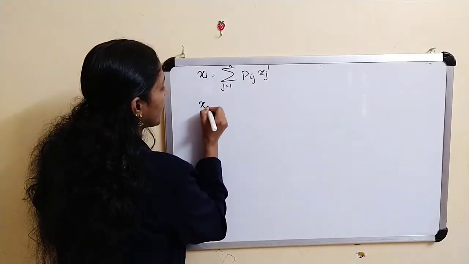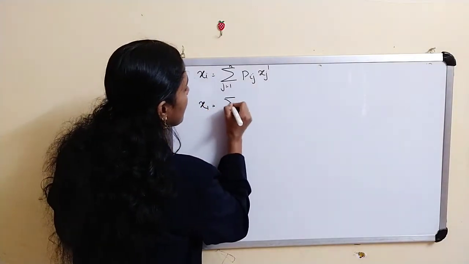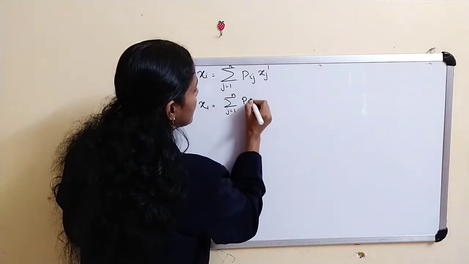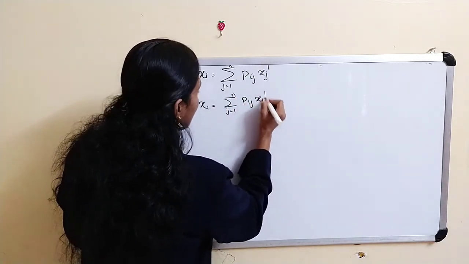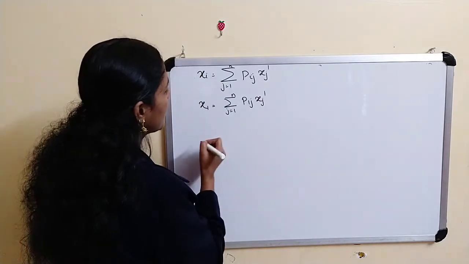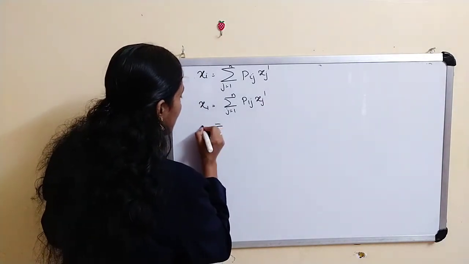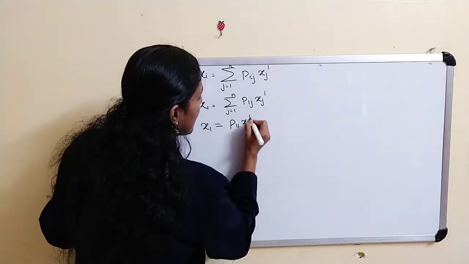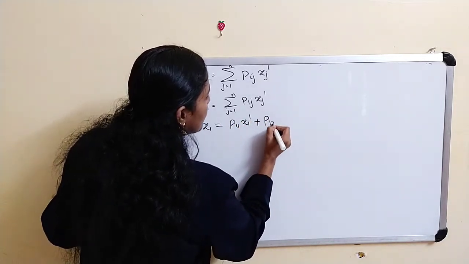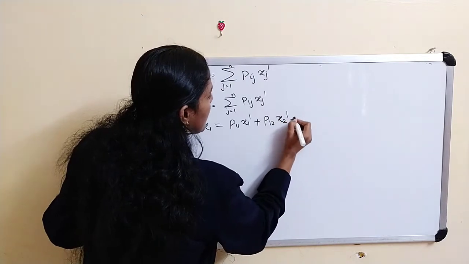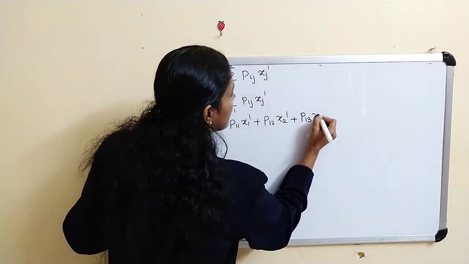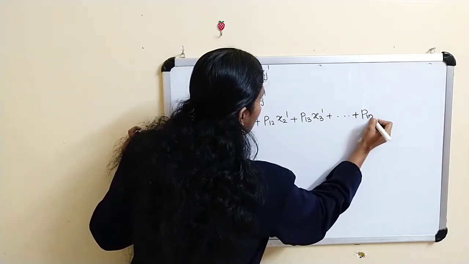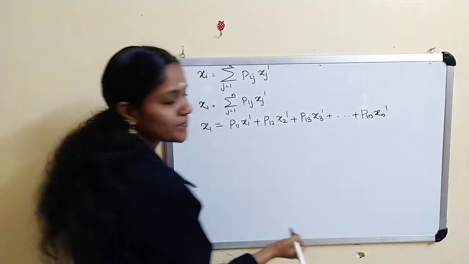What is x1? x1 is equal to sigma j varies from 1 to n p1j xj dash. So x1 is equal to p11 x1 dash plus p12 x2 dash plus p13 x3 dash plus etc. plus p1n xn dash.